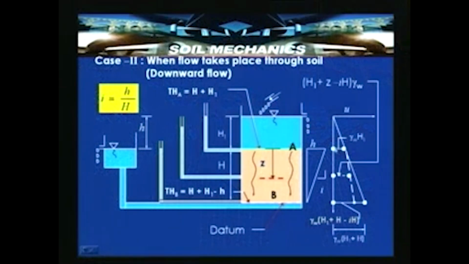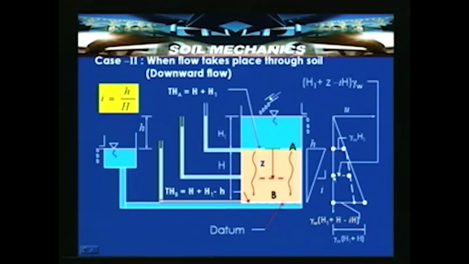Similarly, the pressure distribution we got can be interpreted like this. At this particular point, because of atmospheric pressure, the water pressure is 0. At point A, it is gamma w H1, where H1 is the pressure head available at point A, and H is the elevation. The total head at A is equal to H plus H1.